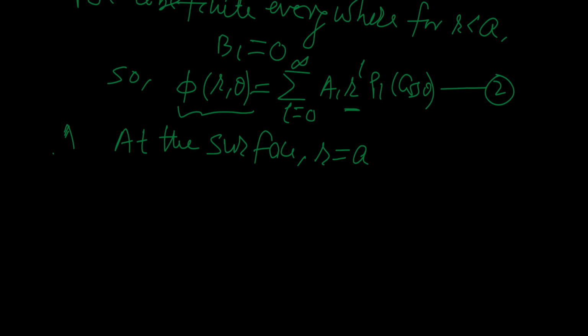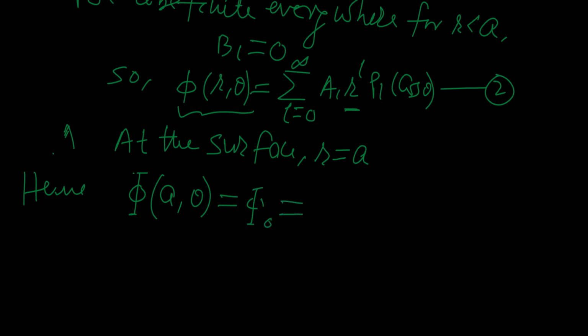Hence, phi at a, theta. This is in fact the potential at the surface, which is given as phi naught in the problem, and this will be equal to what?